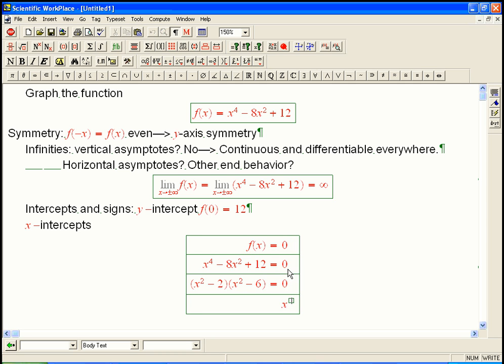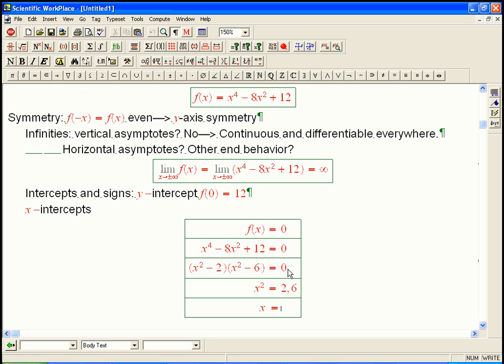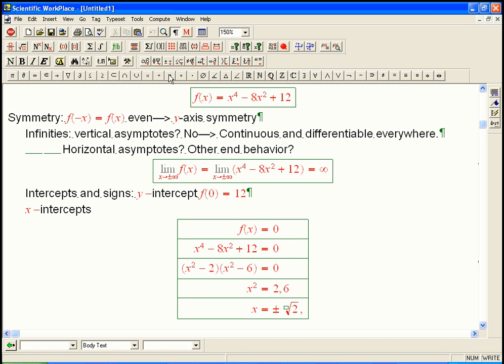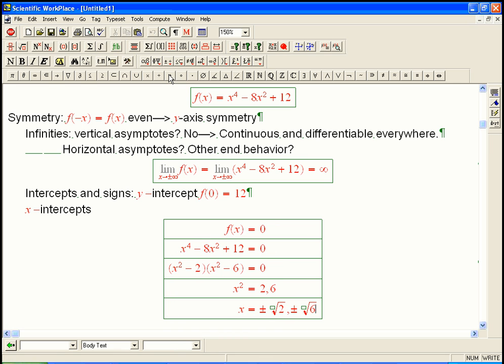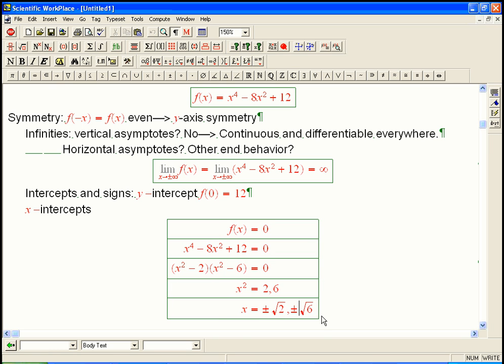And so x squared is either 2 or 6. And so x equals plus or minus root 2 or plus or minus root 6. The plus or minus is, again, coming from the evenness of the function, so you get the symmetry in the x-intercepts. Okay, so those are nice to know.